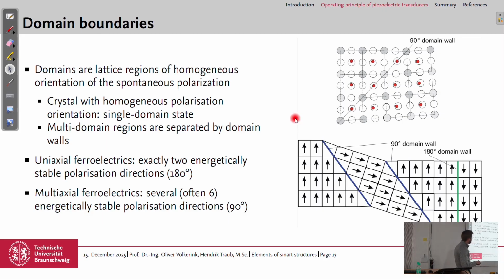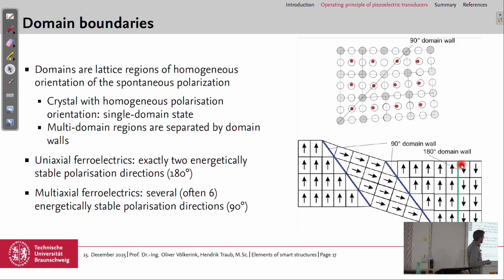Here's the same with a different kind of figure with arrows for the polarization direction. Here it's in this direction, here it is down, up, here down again, and between these domains we have again these domain walls, which could be 90-degree domain walls, so it's nearly 90 degrees between these polarization directions.